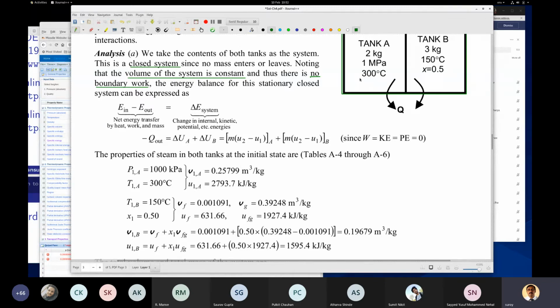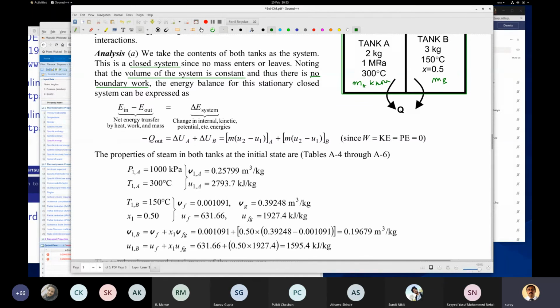So this mass is known, MA, and this is MB. MA is known, MB is known, because you know the property: 1 megapascal, 300 degrees centigrade.